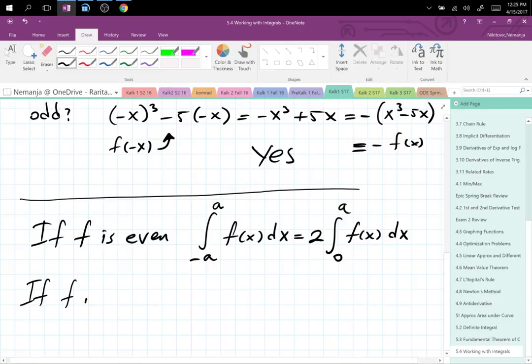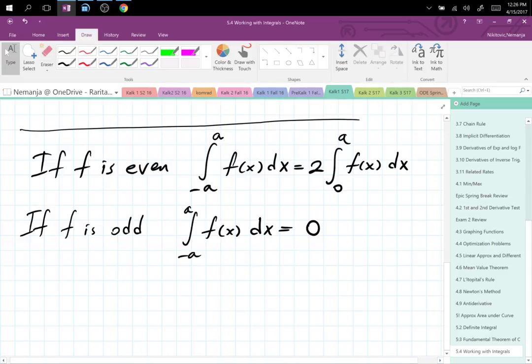And if f is odd, an odd function on a symmetric interval will immediately give you 0. You had sine as the example for that one.